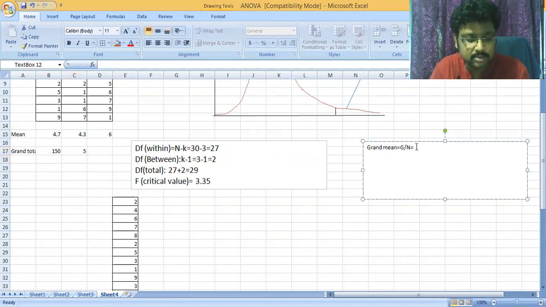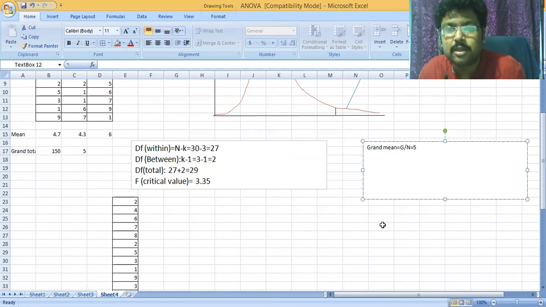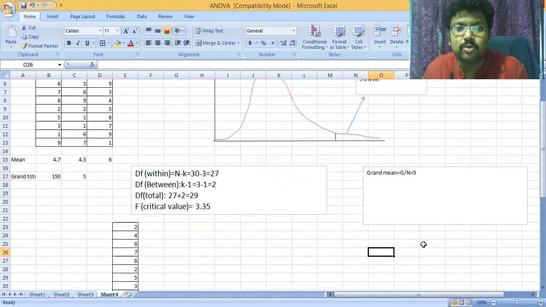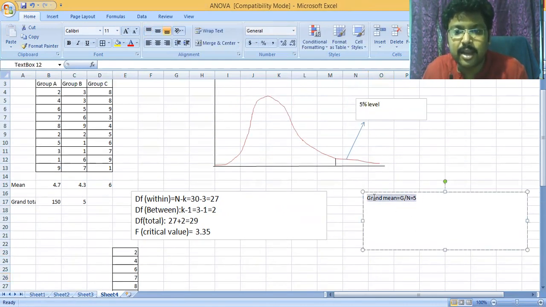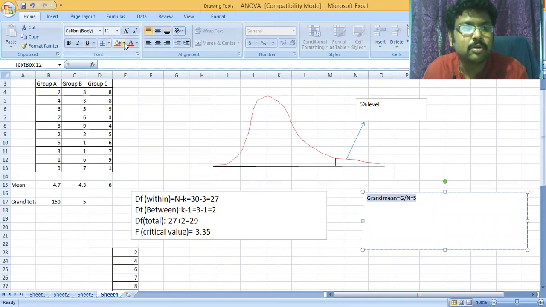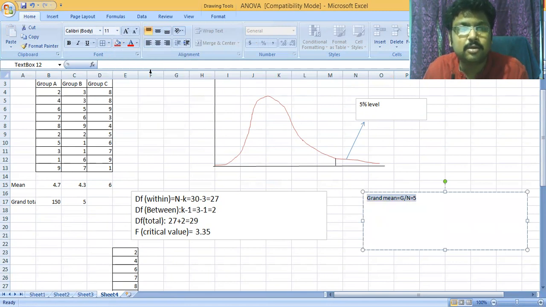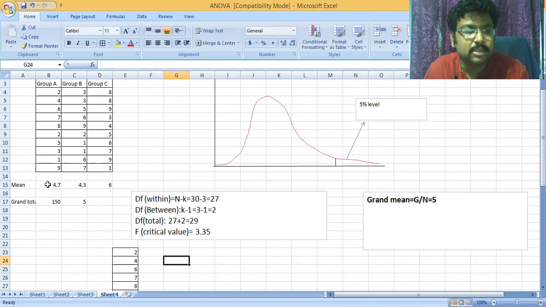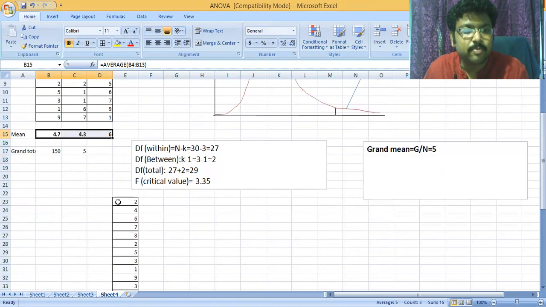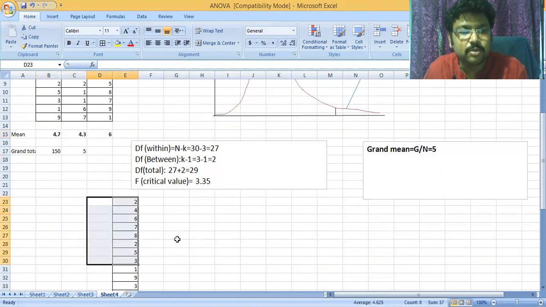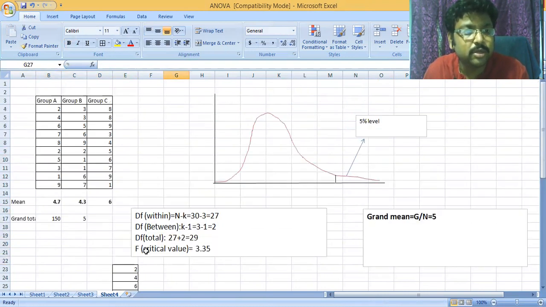So the grand mean is 5. Clear? In this way, we have the grand mean, and these are the means. Now I am deleting this group, it will just be required.